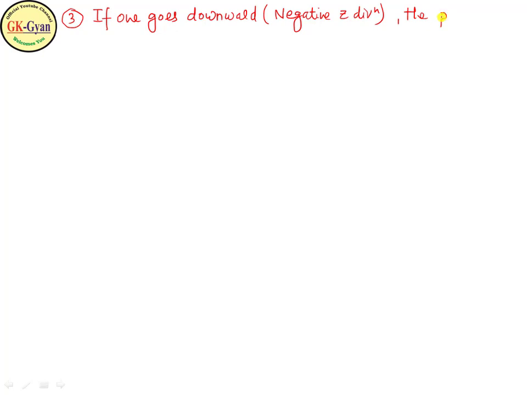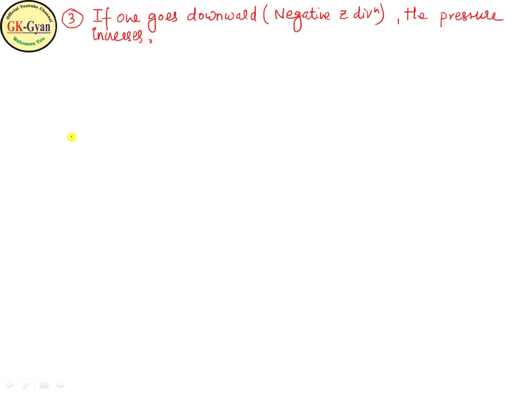Now the third property or application: if one goes downward, that is in the negative z direction, the pressure increases.